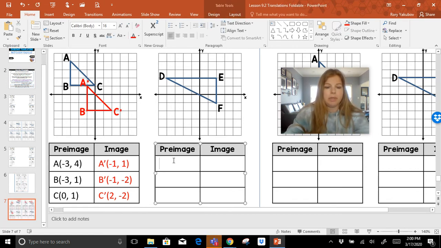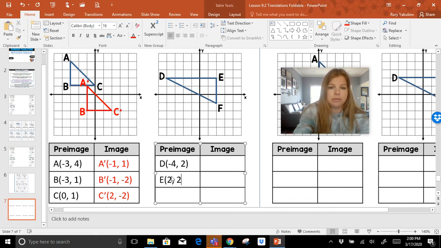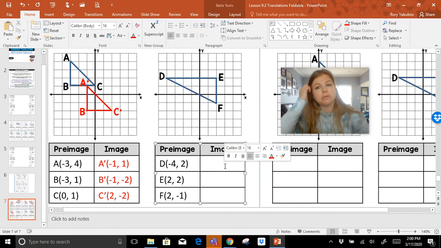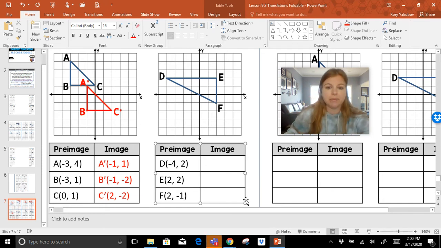Okay, pre-image. D is at -4, 2. E is at 2, 2. F is at 2, -1. So I'm adding 2, subtracting 3, so I get that translation. So D prime, add 2, subtract 3.